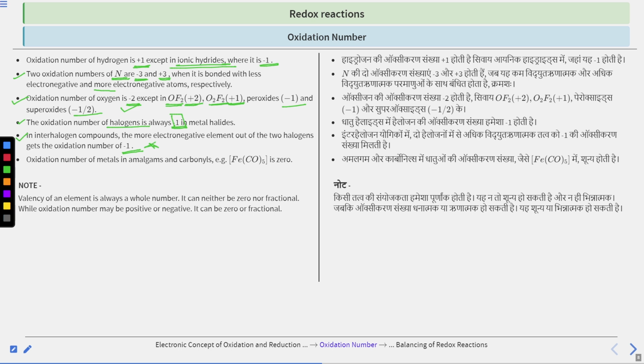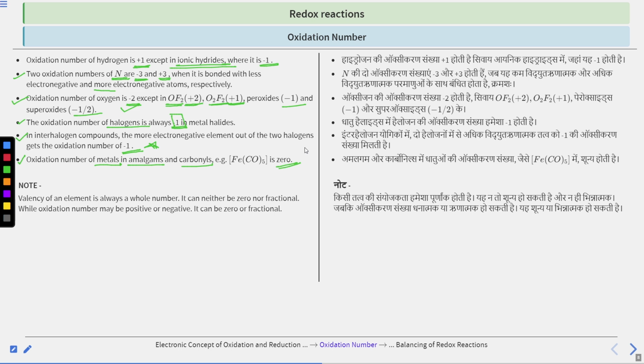Interhalogen compounds have two halogens present, and the one with more electronegativity gets -1. Last, the oxidation number of metals in amalgams and carbonyls, for example Fe(CO)5, is always 0.